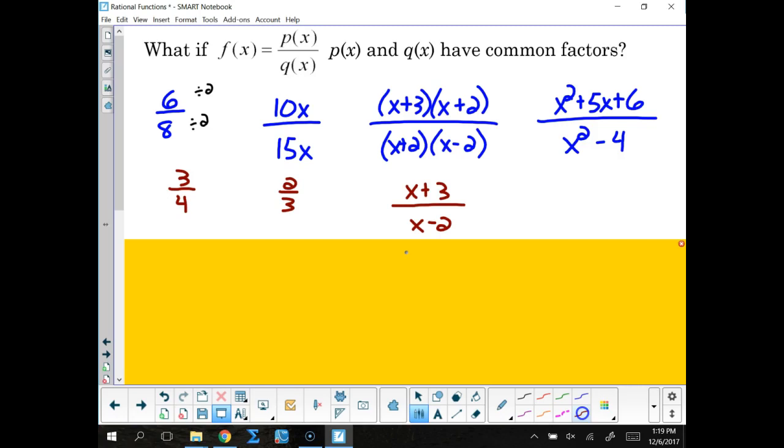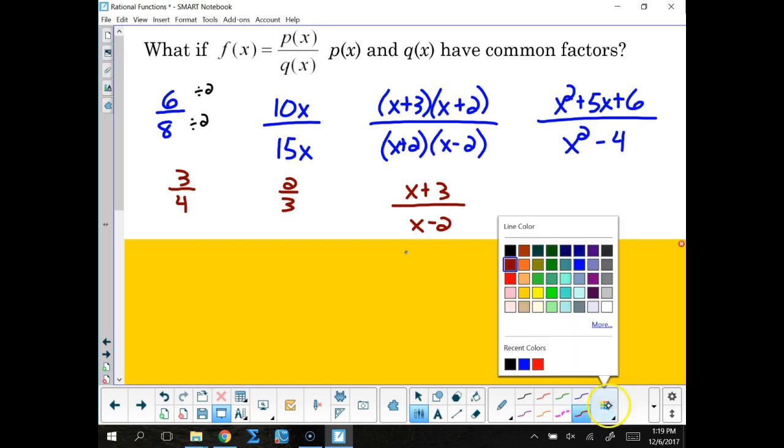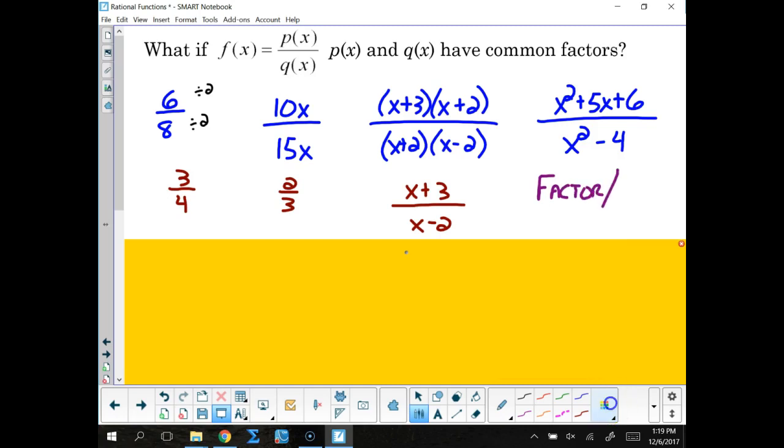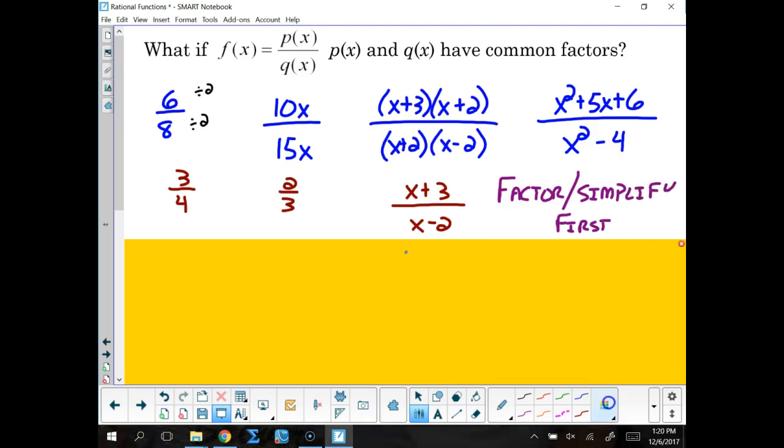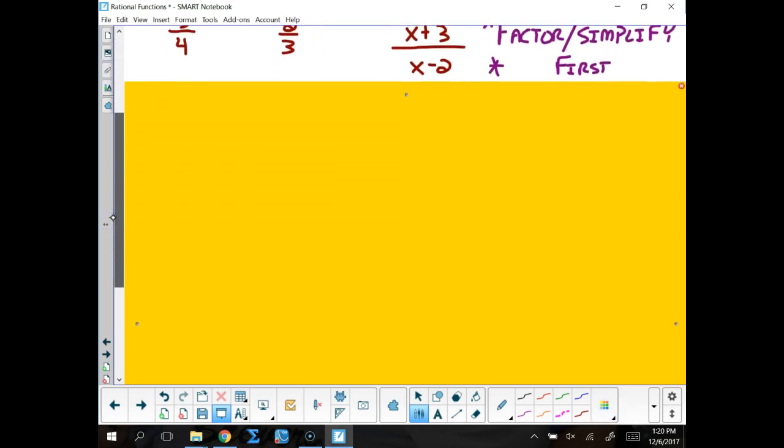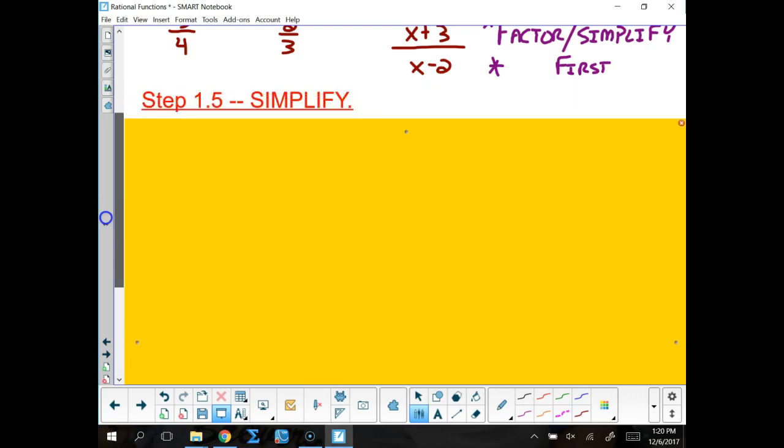So the rule of thumb is you need to factor or simplify first, because what that's going to do is create our next 2 steps.